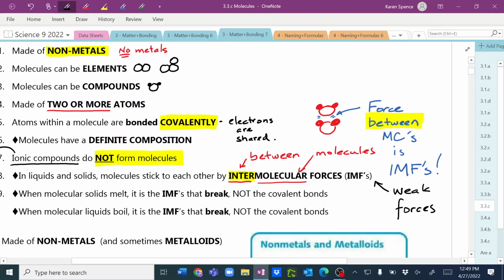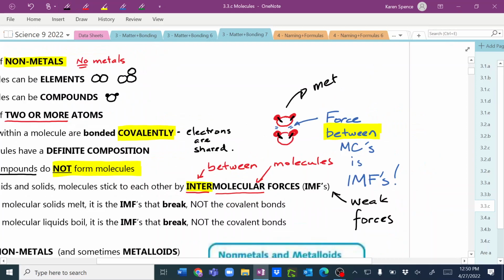So when a molecular solid melts, like let's say we had our two water molecules there and they were together as a solid, within the molecule we would have covalent bonds, right? You would have a covalent bond and a covalent bond, a covalent bond and a covalent bond. If that was to melt, the forces between the molecules would break.